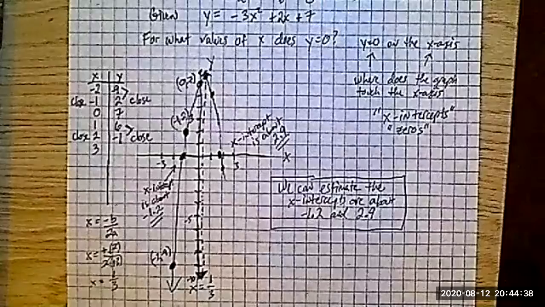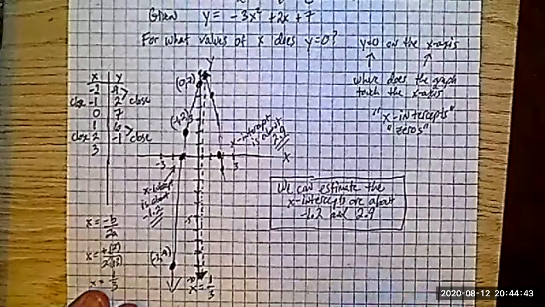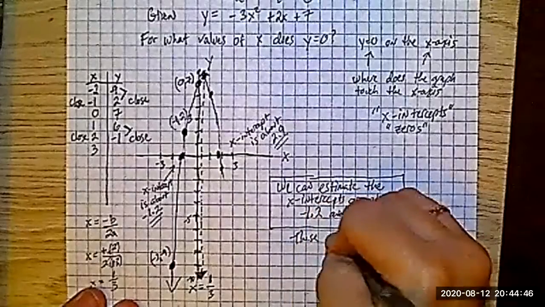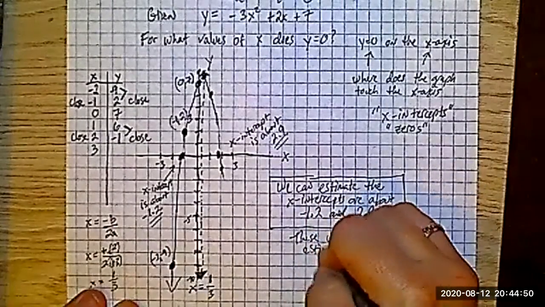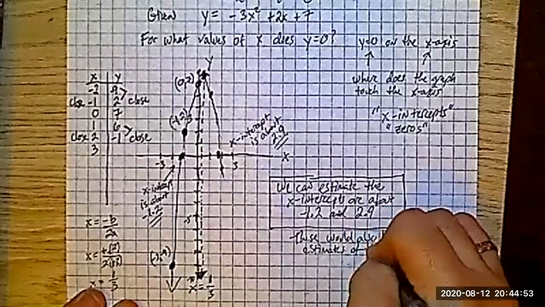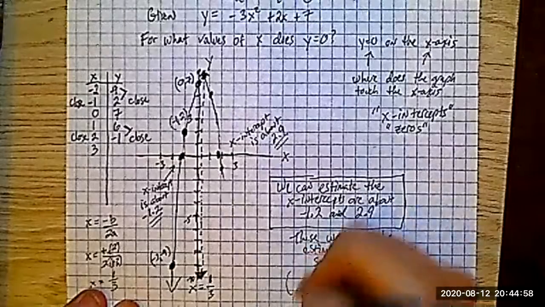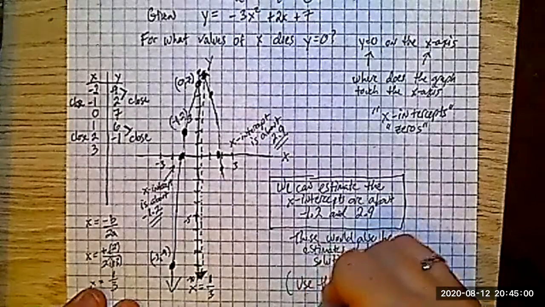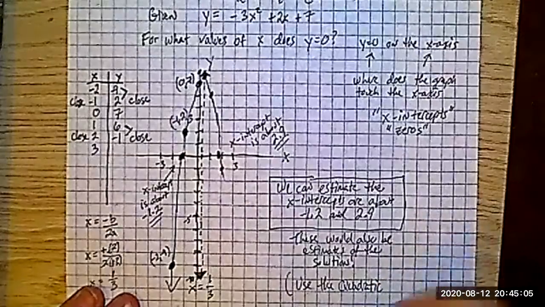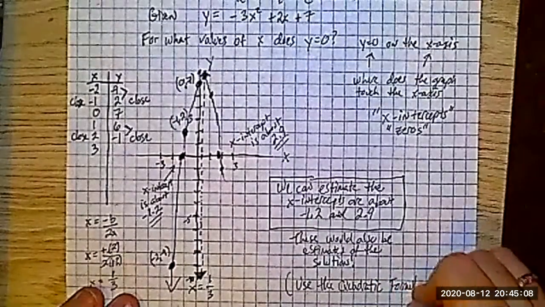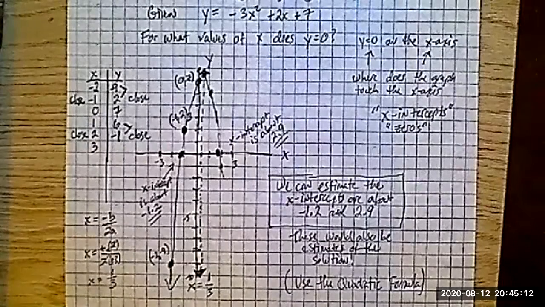So you can also use the table to figure those out. And finally, these would also be estimates of the solution. And if you really want to know what the solution is, since this is not precise, use the quadratic formula or factor. But because this is a decimal, I would say use the quadratic formula to get the precise result. Okay, and I hope that helps.